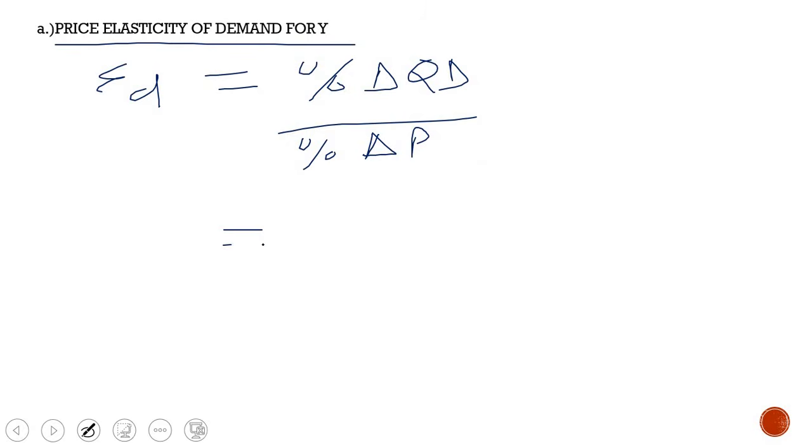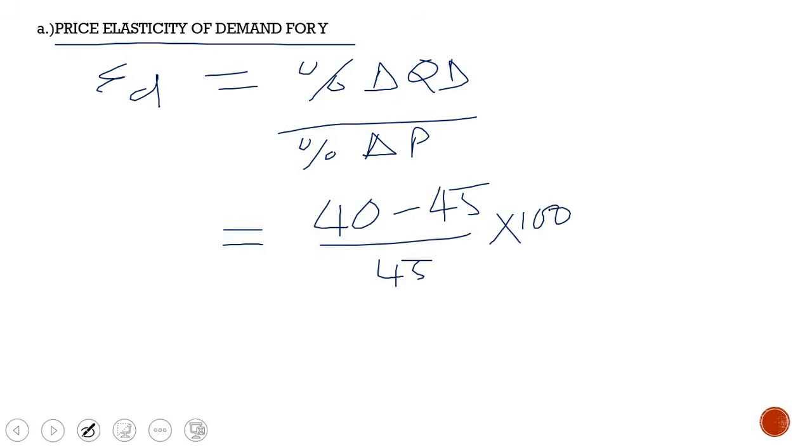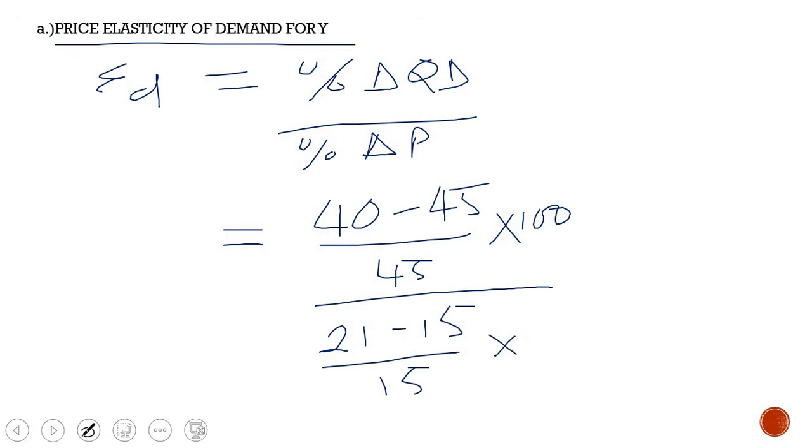So this is equal to (40 minus 45) over 45 times 100, all over (21 minus 15) over 15 times 100. This will give us an answer of minus 0.28.